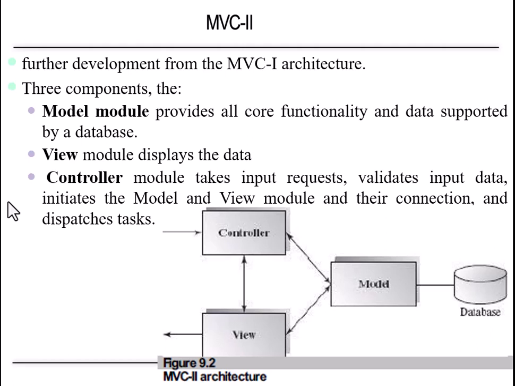Why? Because replacing the data is not easy. So mostly we replace the controller part or view part, but we can also replace the model part by keeping controller and view as such.